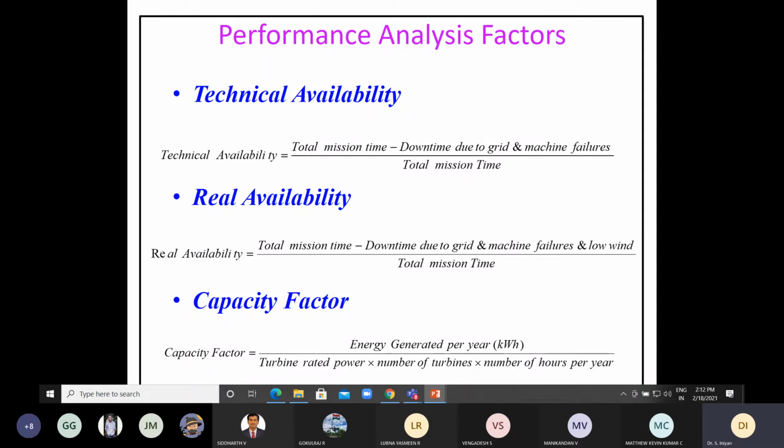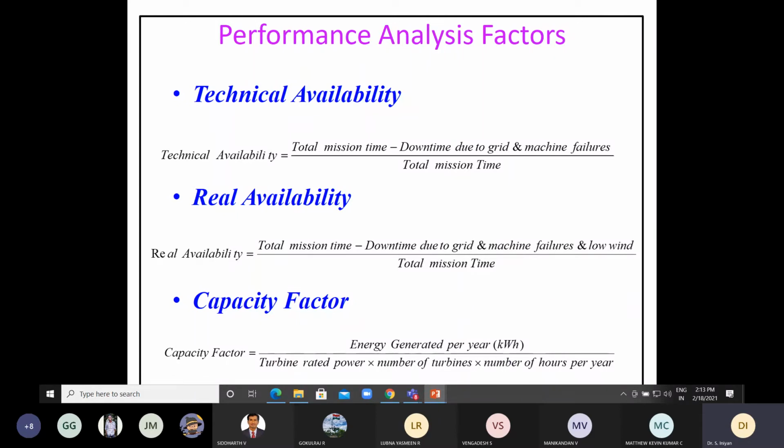So to calculate the capacity factor, you should know the value of energy generated per year and the turbine rated power. These two are the only known factors, and the remaining, the number of turbines and the number of hours per year, you may know what they are, right? So just note it down fast.